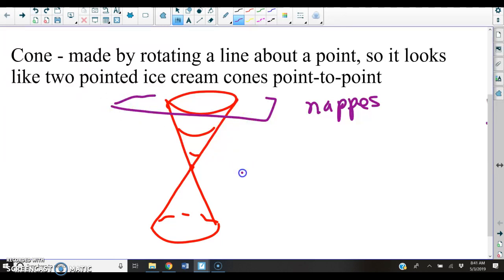An ellipse, you're cutting it diagonally, so then you'd get your ellipse. All right, undo those. Okay, a parabola.